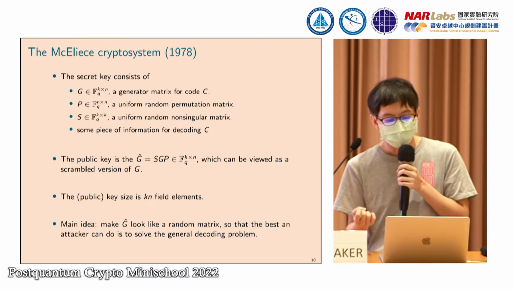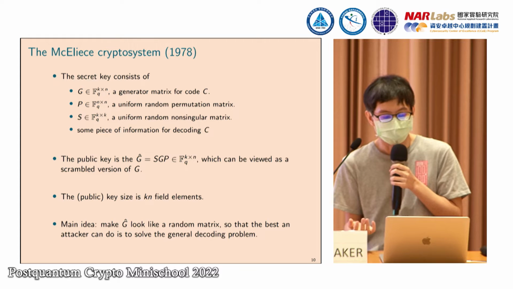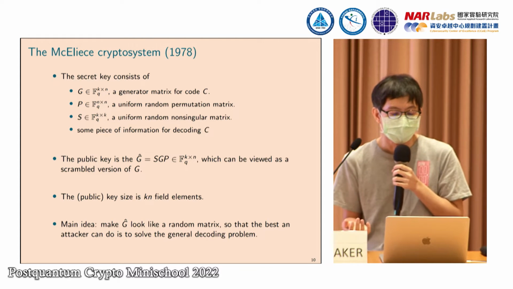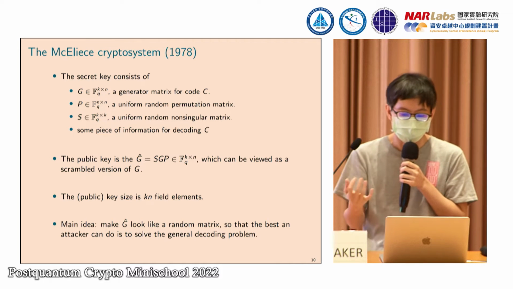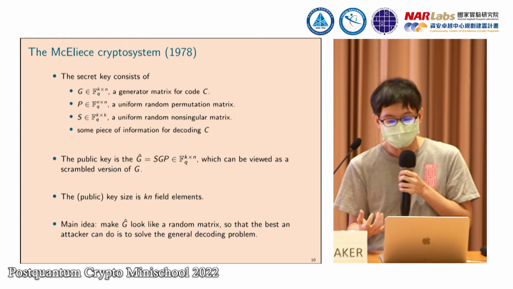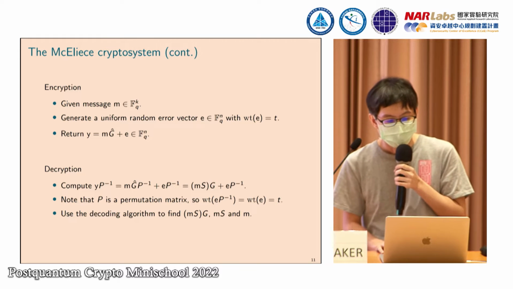What we hope is that G hat looks sufficiently random so that the best an attacker can do is to solve the general decoding problem. Of course, the attacker can still try to find the structure inside this G hat, but this is what we hope to happen.